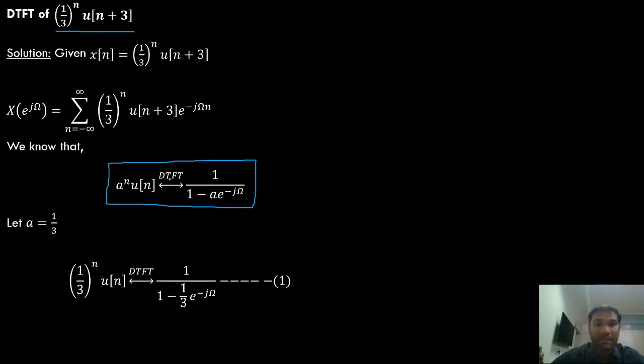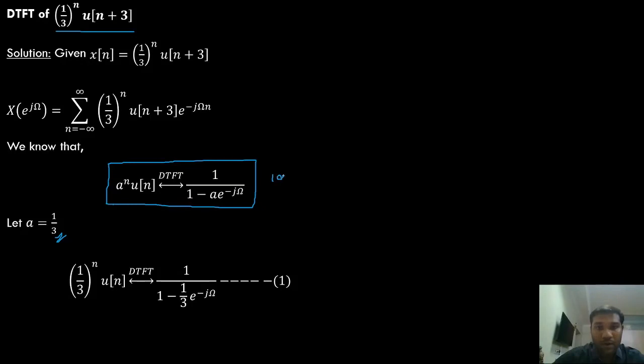The first DTFT that we have found out, a power n u of n has DTFT 1 by 1 minus a into e power minus j omega, right? Now in place of a I am substituting 1 by 3. What is the condition for this DTFT pair?